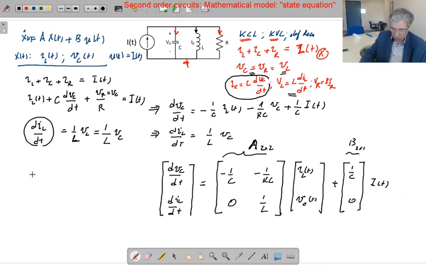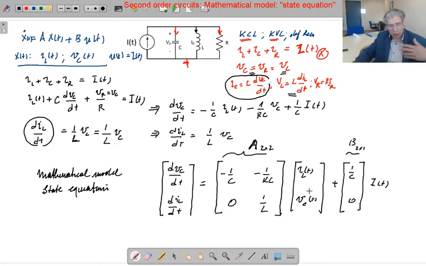So that's the differential equation, which is called the state equation, the mathematical model for this second order circuit. Now, by solving this equation, which is another step, we calculate the inductor current and capacitor voltage.